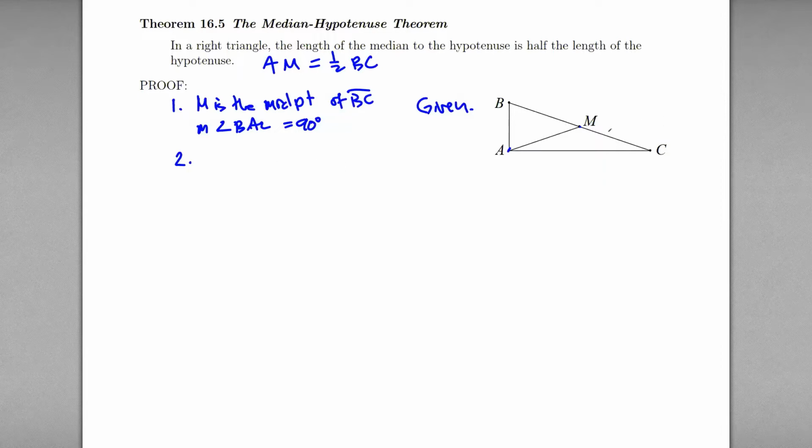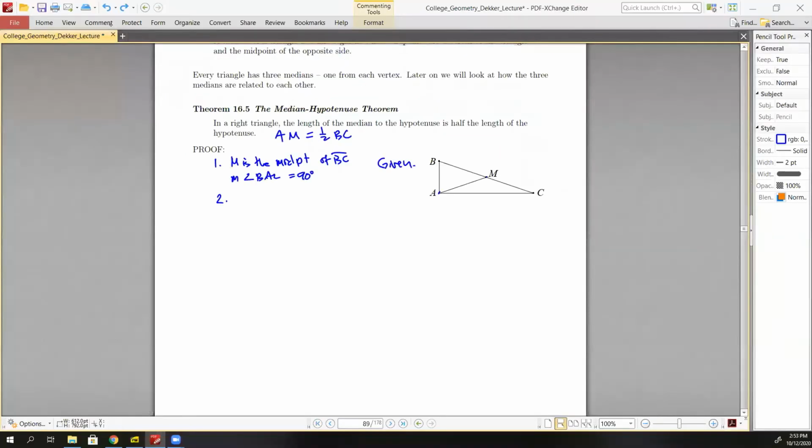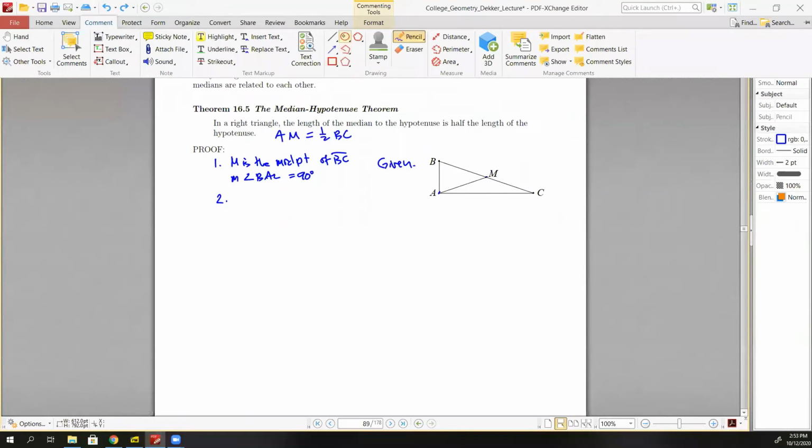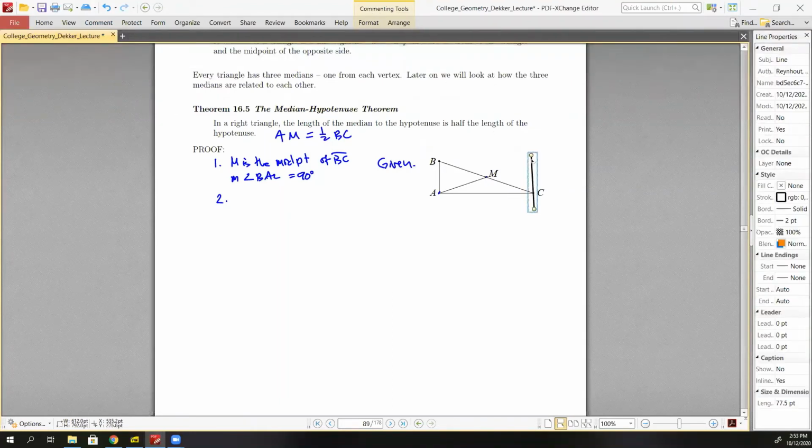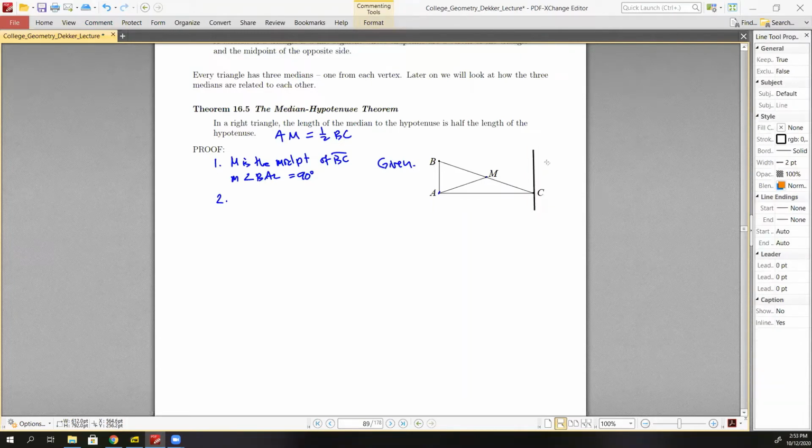The first thing to do is to recognize that this was a right angle and that we can find a line that is parallel to AB through C. Let's throw that in there. That's by the Euclidean parallel postulate.